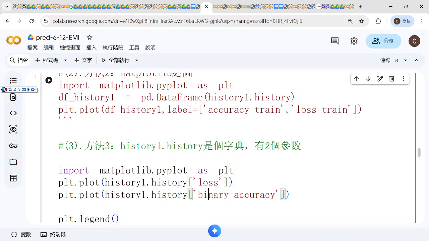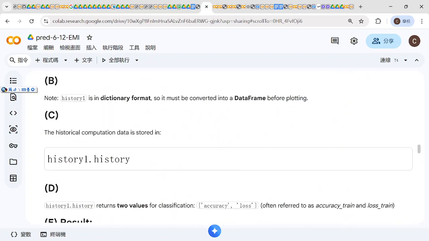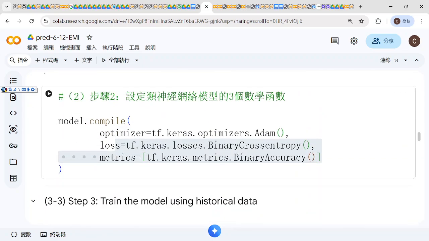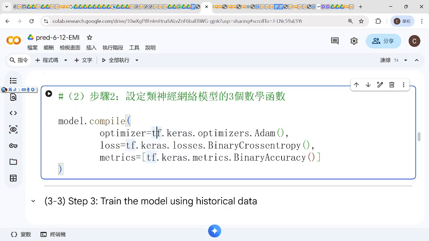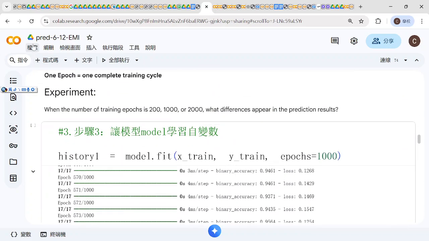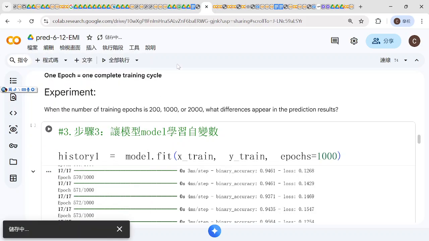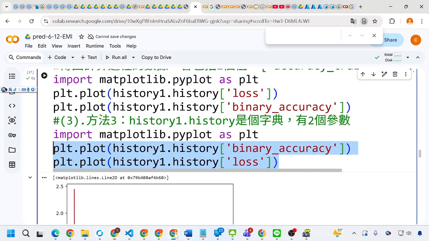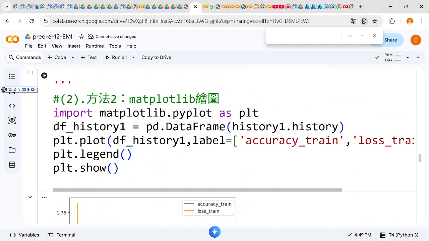And I must check that this is the binary accuracy, so that is correct. That is binary accuracy. So how about making a conclusion of this?